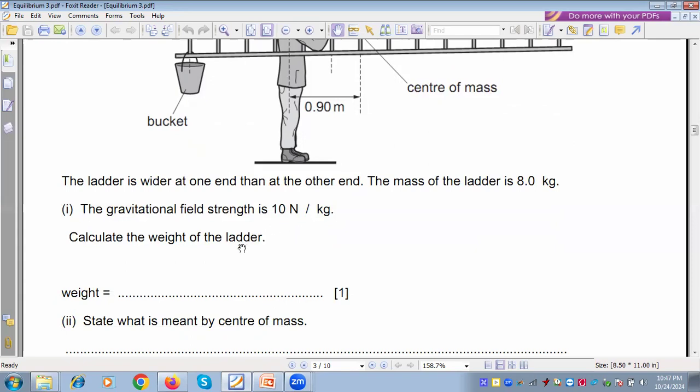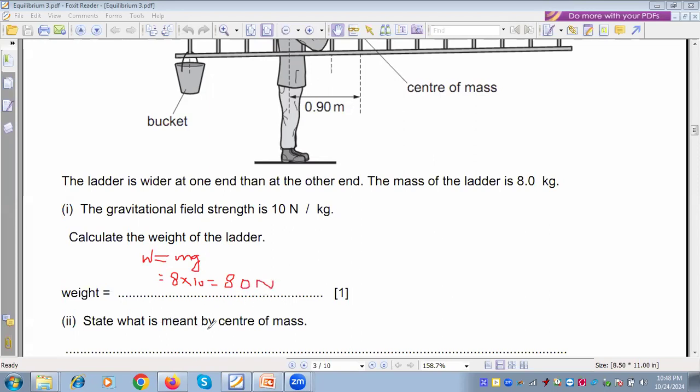So here we will take it accordingly. So what will be the weight of the ladder? W equals mg, so 8 into 10, that is 80 Newton. So we have to remember it.